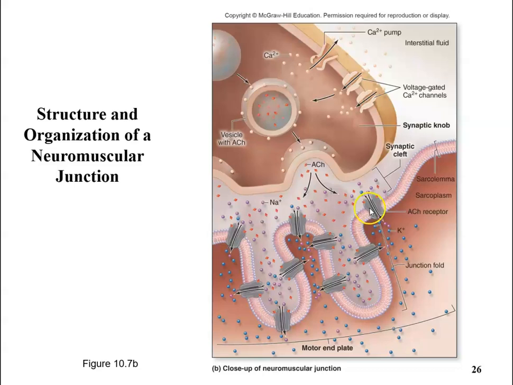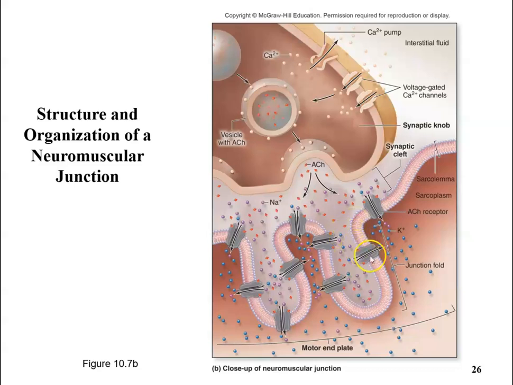When acetylcholine binds, that's going to allow for sodium to come into this muscle cell and potassium to leave the muscle cell. And sodium is going to influx really rapidly, whereas potassium is going to leak out much more slowly than that.